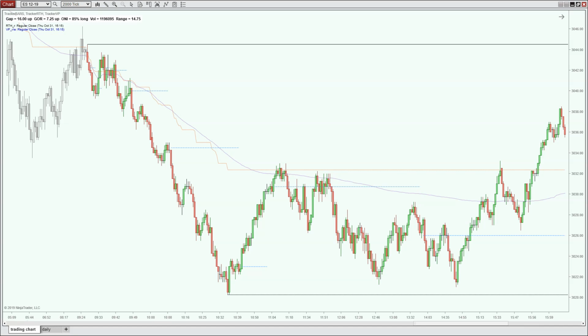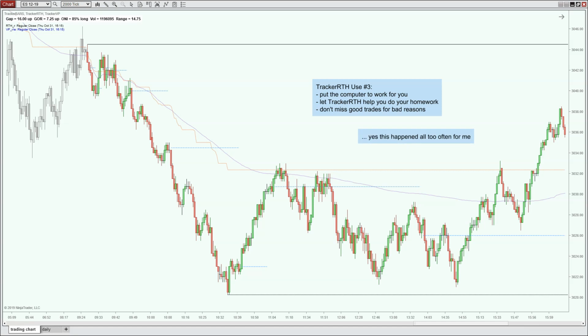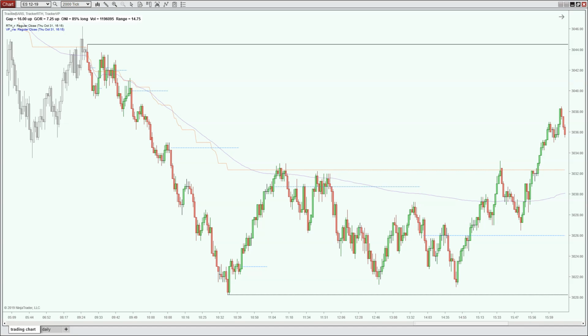For a third example, regardless of how you trade, TrackerRTH is doing the homework for you. No more, "I missed the trade because I forgot to draw this or that," or "I drew it in the wrong spot," or "the dog ate my homework" when all your manually drawn lines suddenly disappear. TrackerRTH has got you covered. Put the computer to work so you are free to think and trade.